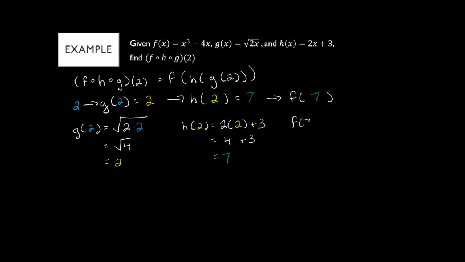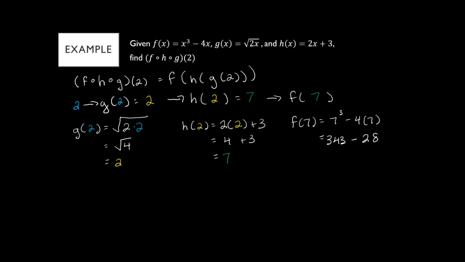So f of 7, we have x cubed, so that's going to be 7 cubed minus 4 times 7. I don't know what 7 cubed is. I think it's like 764 or something. 343. I was very, very wrong. So 7 cubed is 343. 4 times 7 is 28. That one I do know.